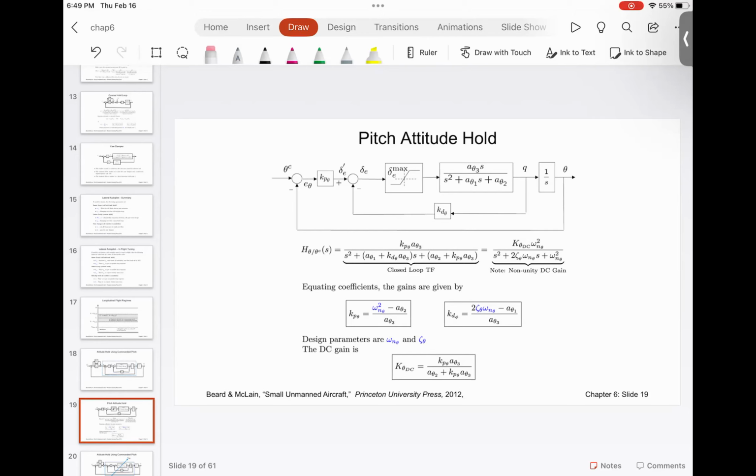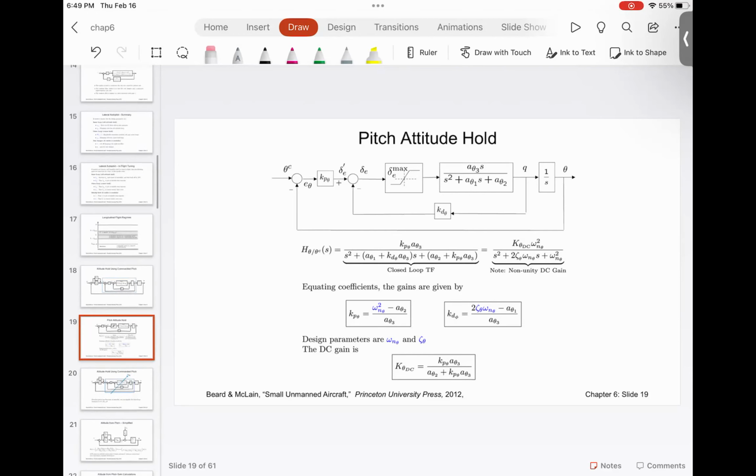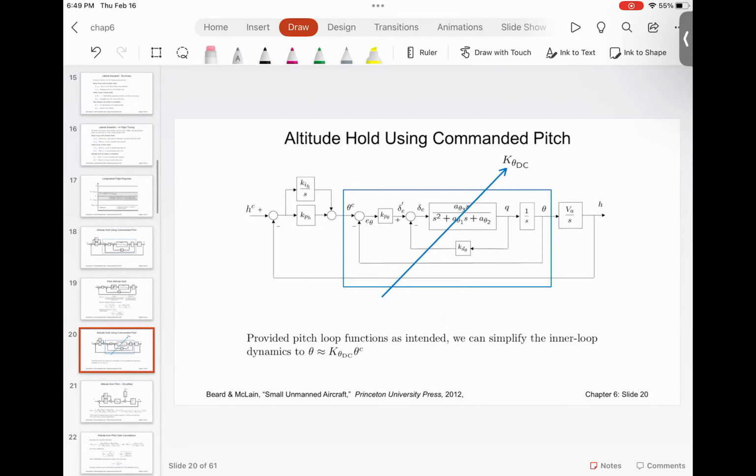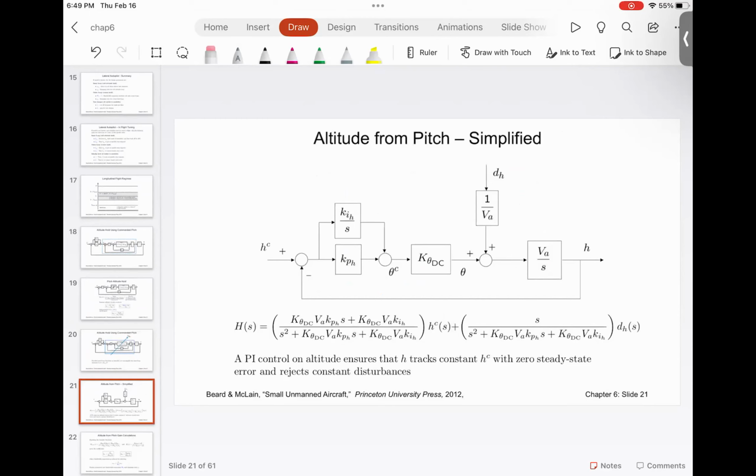Again, you have Kp theta, Kd theta, and finally you have this DC gain. And at the end, what you do is you take this internal loop, adjust this Kd theta, Kp theta, so that the internal loop is 1. Now you can, and these are the same equations that we derived as part of the last chapter. Again, same thing.